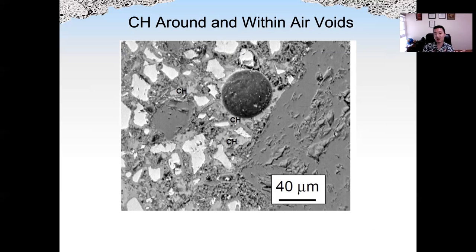Okay, so we put air in concrete either on purpose or by accident. Such as we add air entraining agent to increase the concrete's resistance to freeze and thaw. Okay, in this picture, we see calcium hydroxide deposit within the air voids, like here, and also around the air voids. Okay, again, whenever we have some empty space, then calcium hydroxide tends to deposit there.